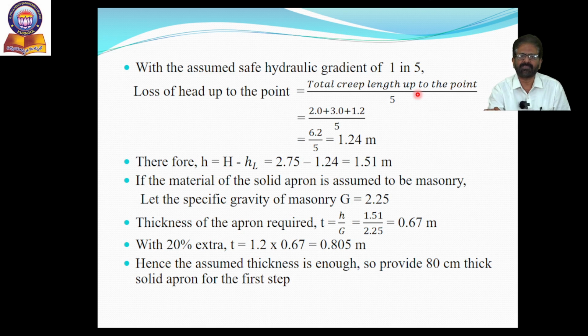At the end of the structure, it is called exit gradient. Intermediate anywhere, we can consider the same ratio. Here H by L is equal to 1 in 5, so loss of head H is equal to total creep length L by 5. Total creep length up to the point is 6.2 divided by 5, which is equal to 1.24 meters.